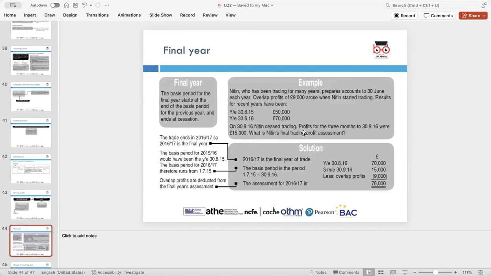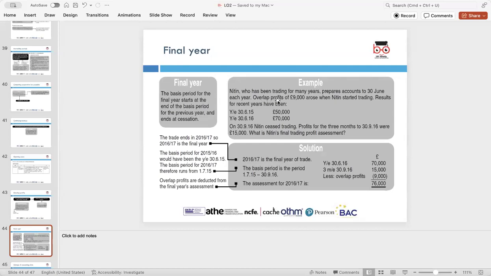Final year: we calculate the final trading profit assessed for Nitin, who has been in business for several years. Nitin prepares his accounts annually with his financial year ending on 30 June each year.